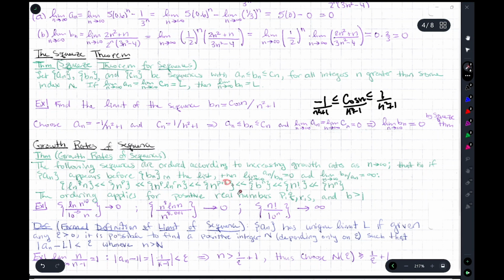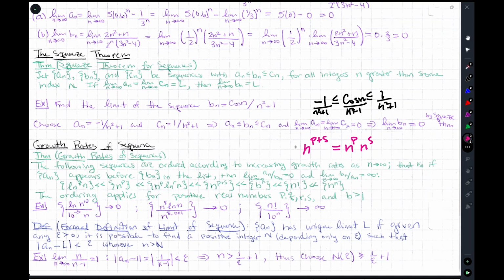Any power, you could think about n^(p+s) equal to n^p times n^s. So what this is telling you is that term will grow faster than n^p times natural log of n to the r, even if r was much greater than s. It doesn't matter.